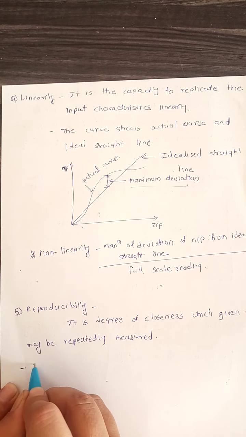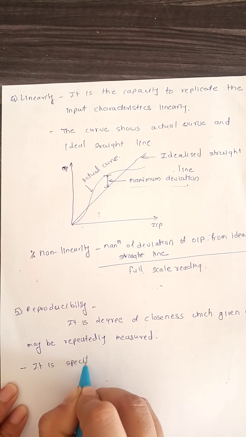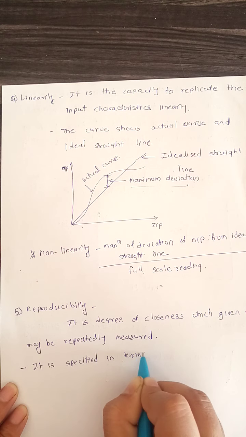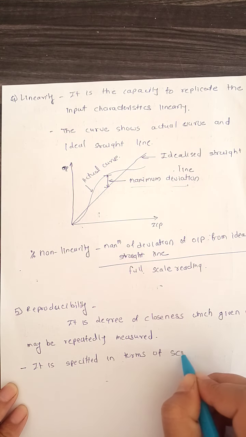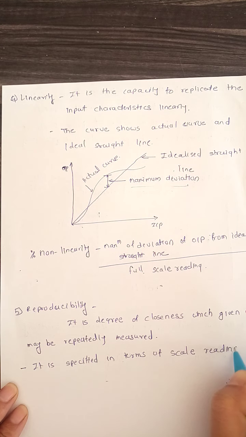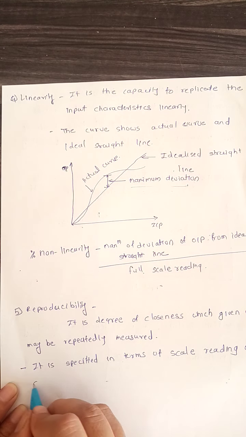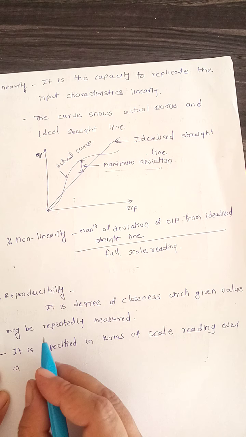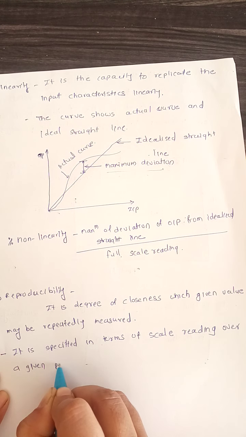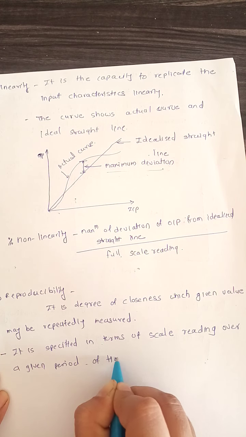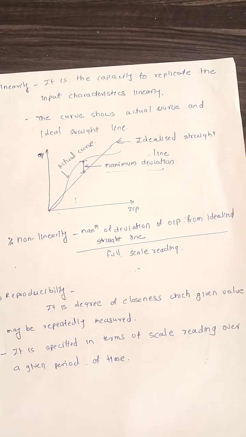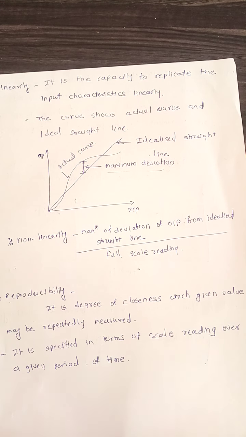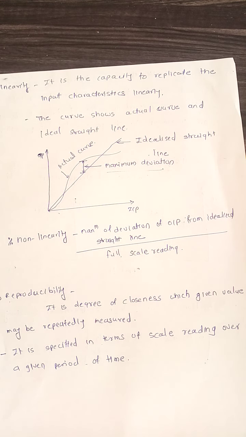Reproduce means produce again, repeat and repeat, that is called reproducibility. The actual definition is the degree of closeness with which a given value may be repeatedly measured.